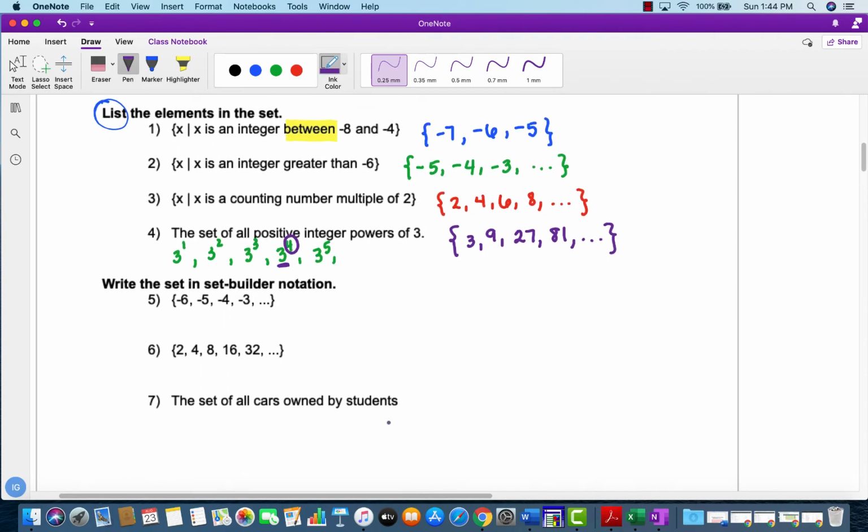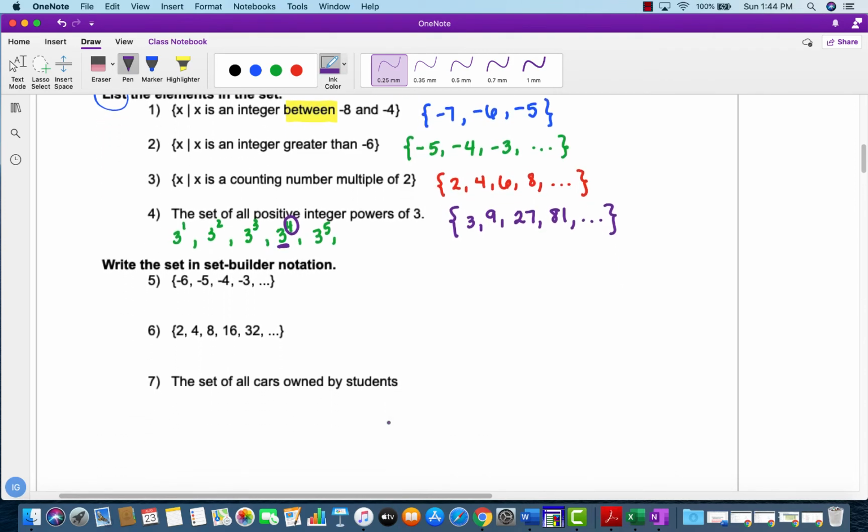Alright, so now we're going to write set builder notation given a list. Now they give you a list and we have to write basically like number 3, number 2, and number 1 from here. We're going to follow the same pattern. You start with the braces, x, and then the such that after. Let's look at the numbers. It looks like it starts from -6, -5, -4, -3. And because it has dots, that means the next ones will be -2, -1, 0, and it keeps going to the positive numbers.